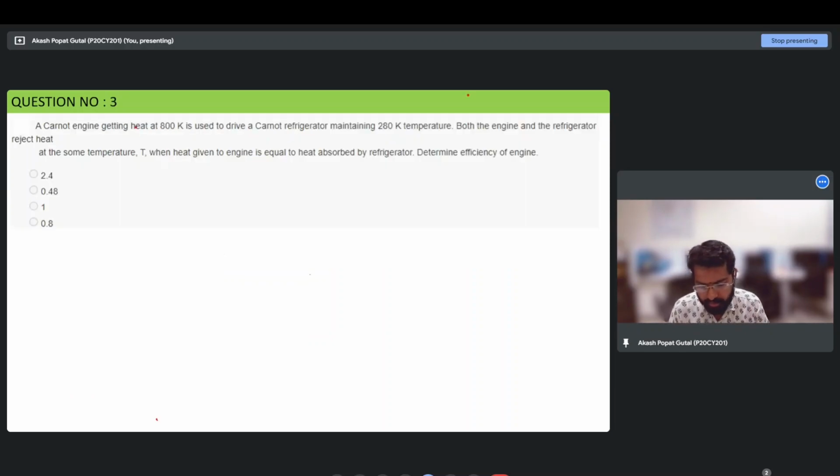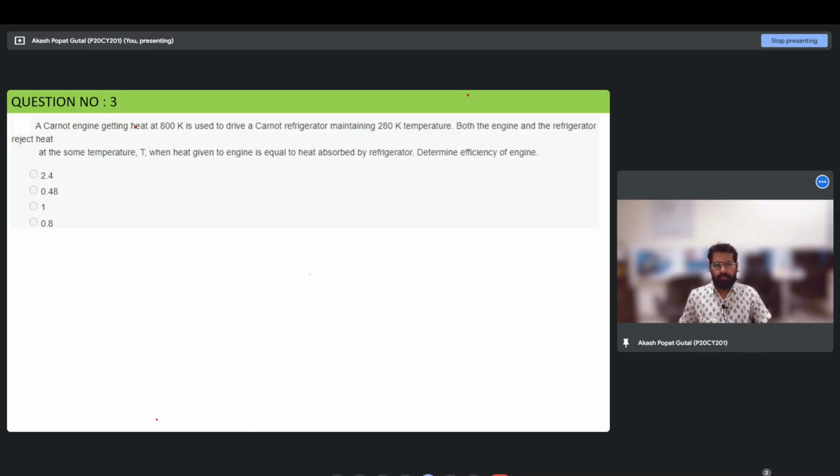So the next question is question number 3. A Carnot engine getting heat at 800 Kelvin is used to drive a Carnot refrigerator maintaining 280 Kelvin temperature. Both the engine and the refrigerator reject heat at the same temperature T when the heat given to the engine is equal to the heat absorbed by the refrigerator. Determine the efficiency of the engine.